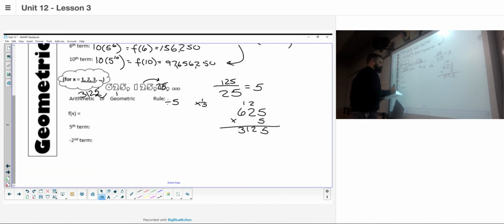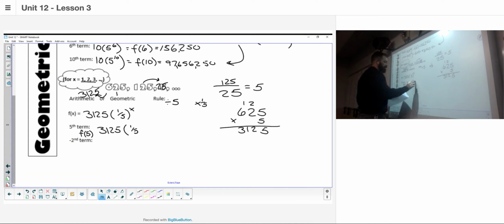F of x equals term 0, 3125, times my rule, 1/5 to the x power. So we're going to find f of 5. 3125 times 1/5 to the 5th power, which equals, plug it into your calculator, 1.